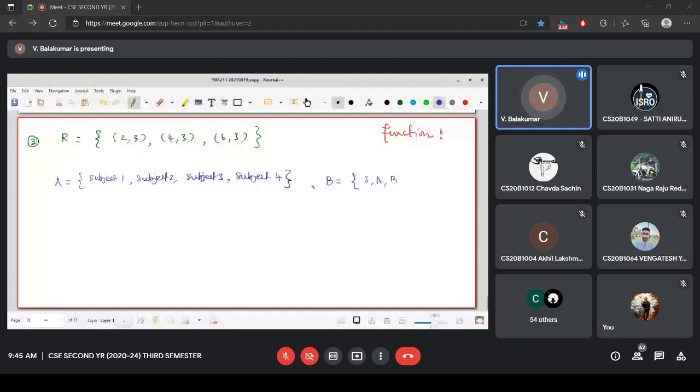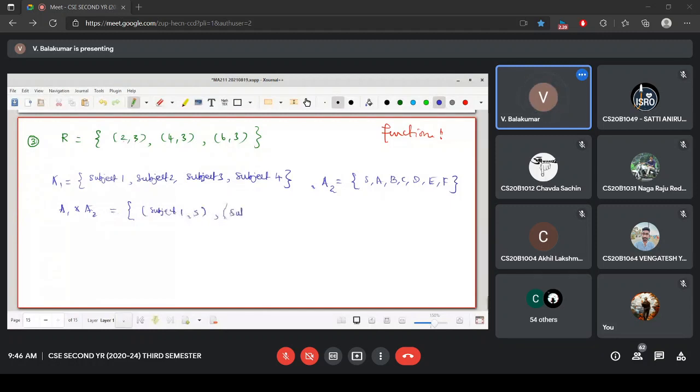B is already used, so let me use some other name. First set, second set. Great. Now, if I want a Cartesian product, A1 cross A2 is, I will be having subject 1, S grade.